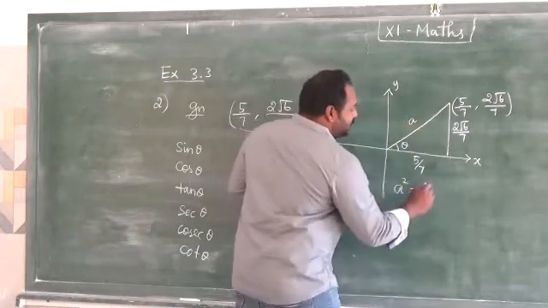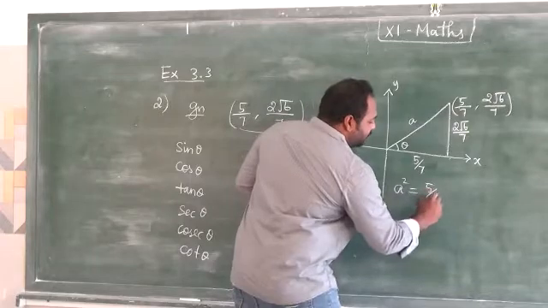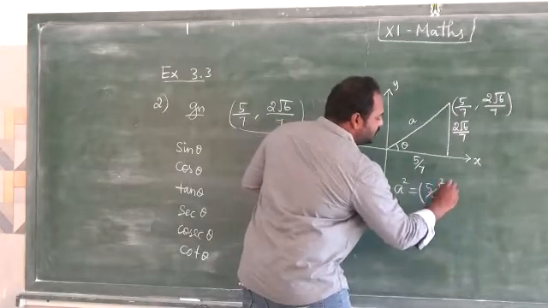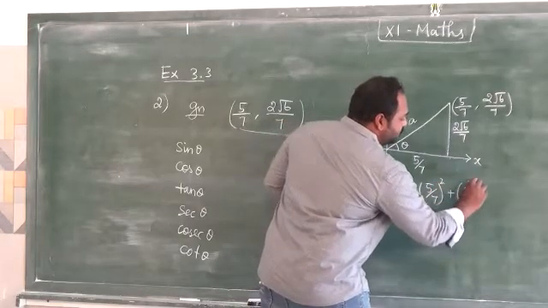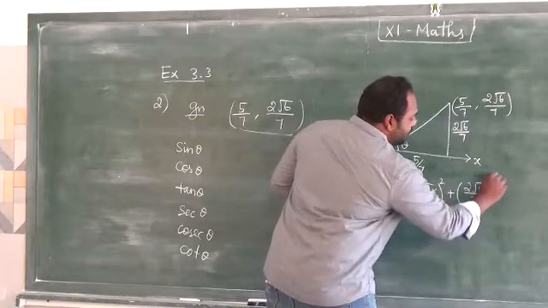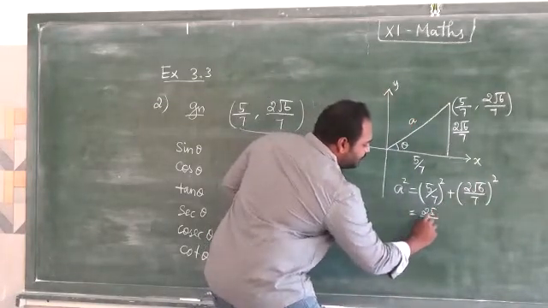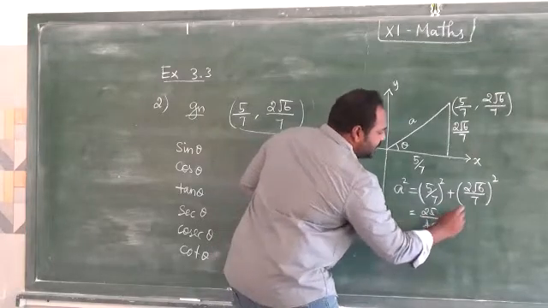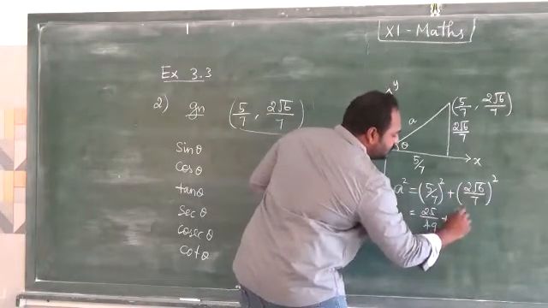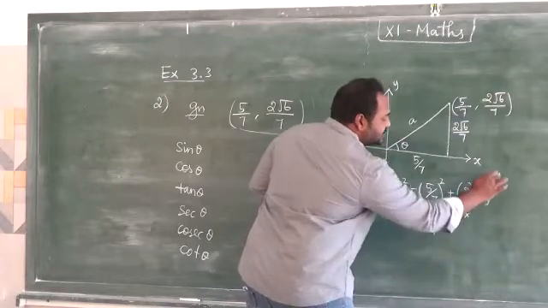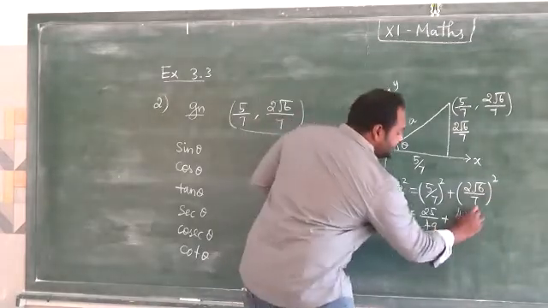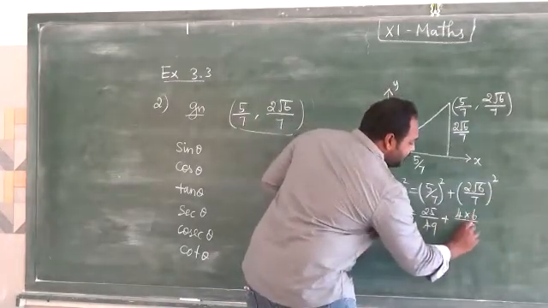A square equal to 5 by 7 whole square plus 2 root 6 by 7 whole square. So now it is 25 by 49 plus, here 2 square is 4, root 6 square is, the root will be cancelled, only 6 will remain, over 49.